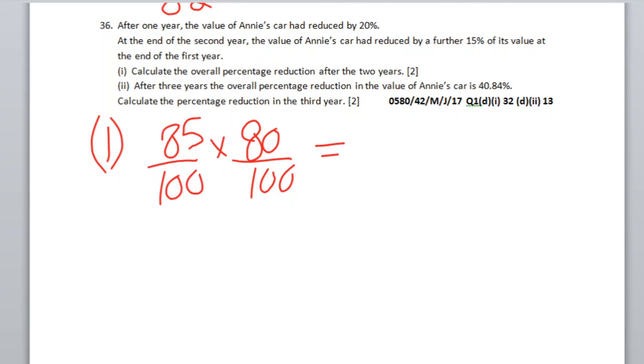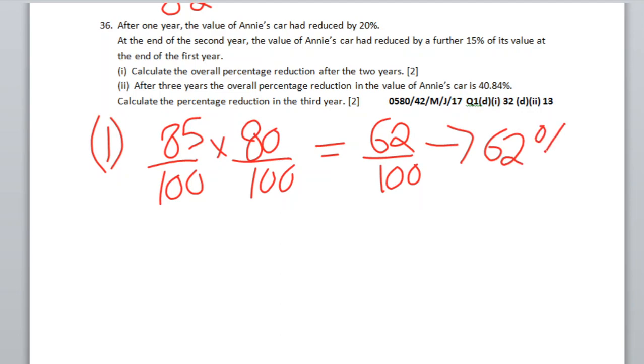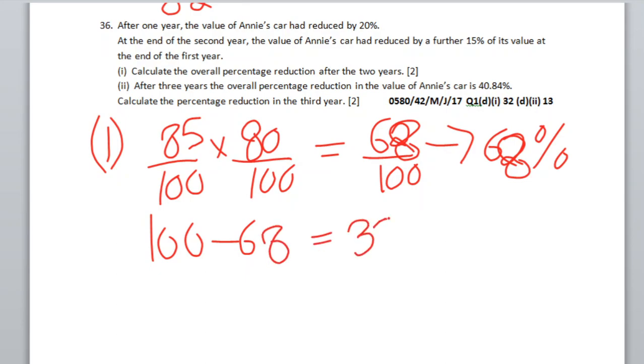This will give us 68 over 100. So the value of the car is 68% of its original value. So what is the overall reduction? The overall reduction will be 100 minus 68, which is 32%.